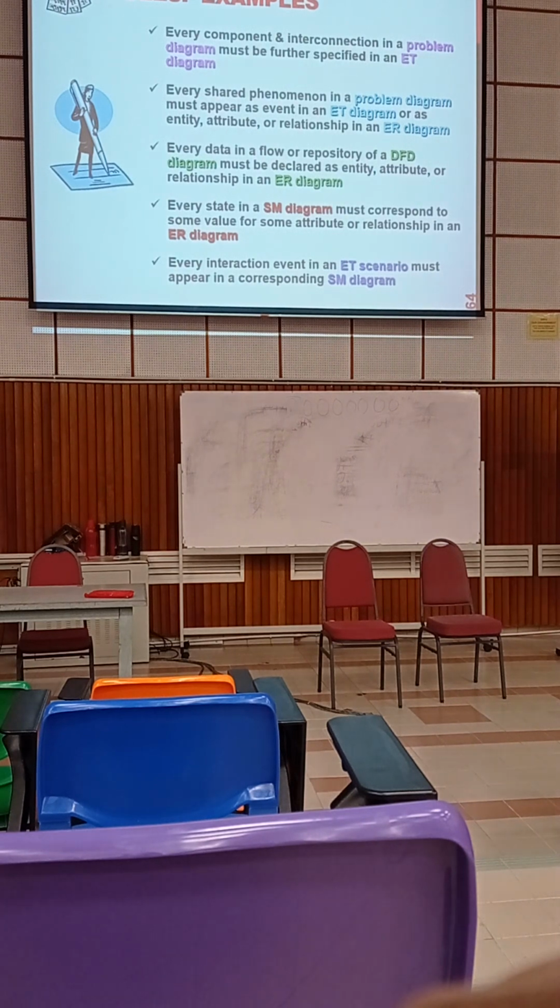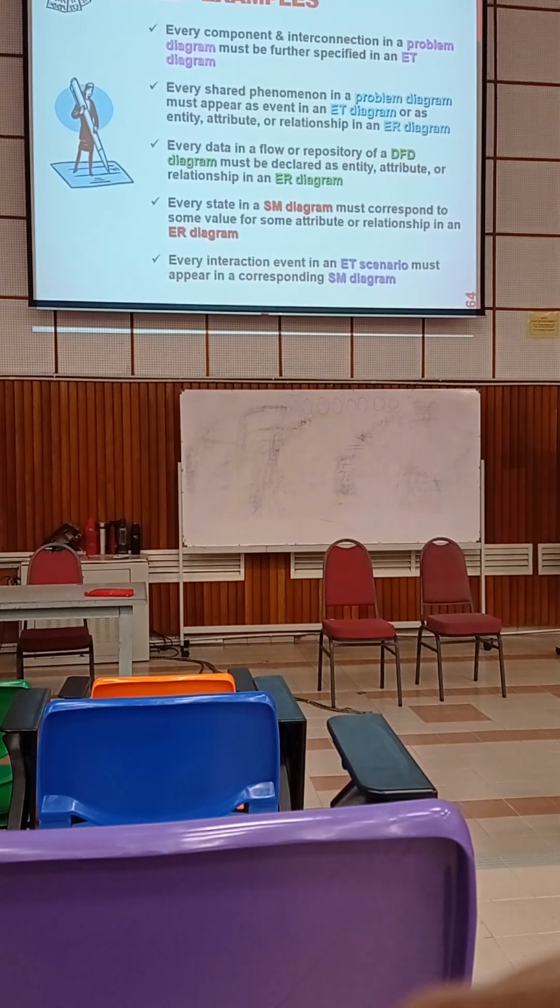Yes, objects. Whatever objects you have in your class diagram must be consistent with your sequence diagram. Let's say the sequence diagram has object A, object B, object C. But in your class diagram, there is no object C. In your sequence diagram, I can see A, B, C, three objects.